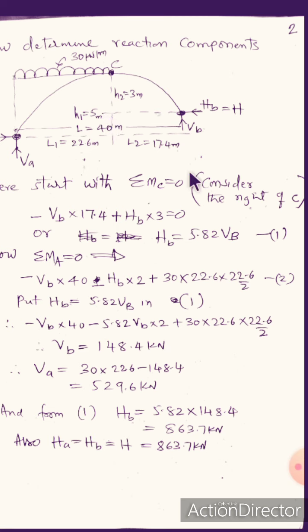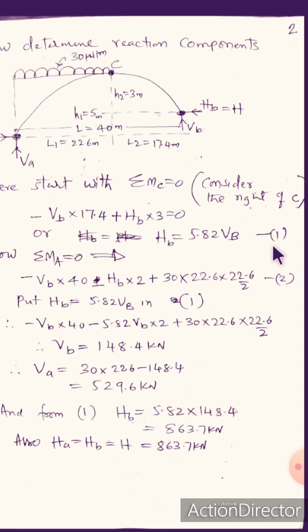Now I'll show you here. VB into this distance, which is 17.4, is anti-clockwise. So minus VB into 17.4 plus HB into 3, that is HB into H2 which is 3, equal to 0, because only two forces are there on the right side of C. This gives you HB is equal to 5.82 times VB.